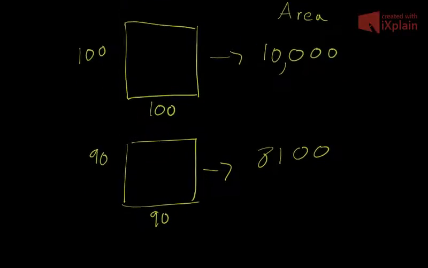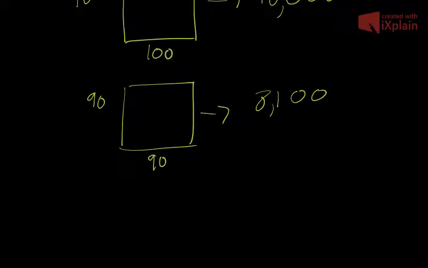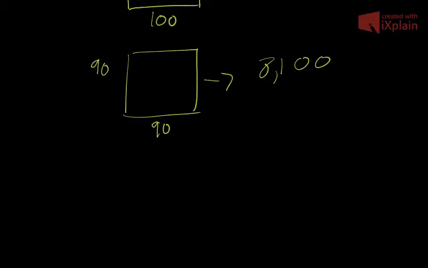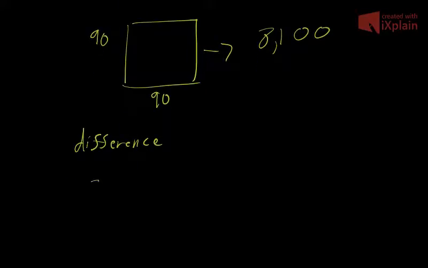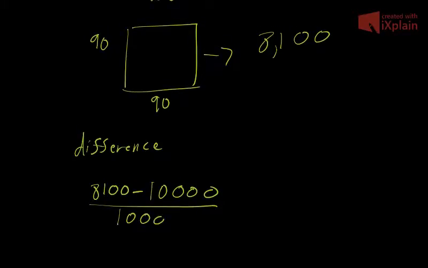So if we look at the difference here, now we went from 10,000 to 8,100. So our total difference with percent change would be the final, which is 8,100, minus the original, which is 10,000, divided by the original 10,000.